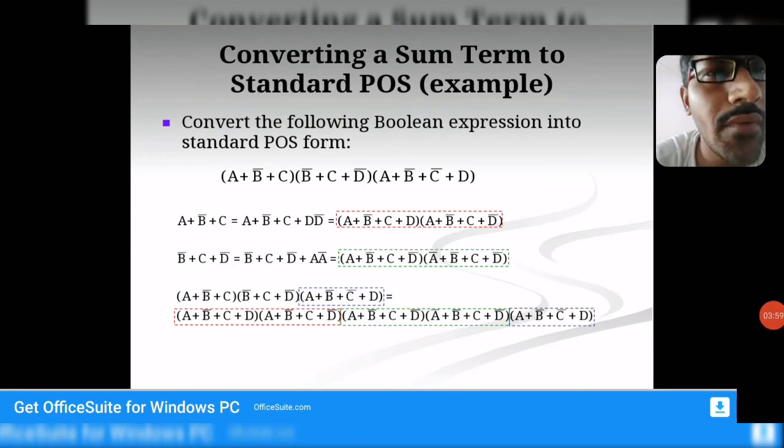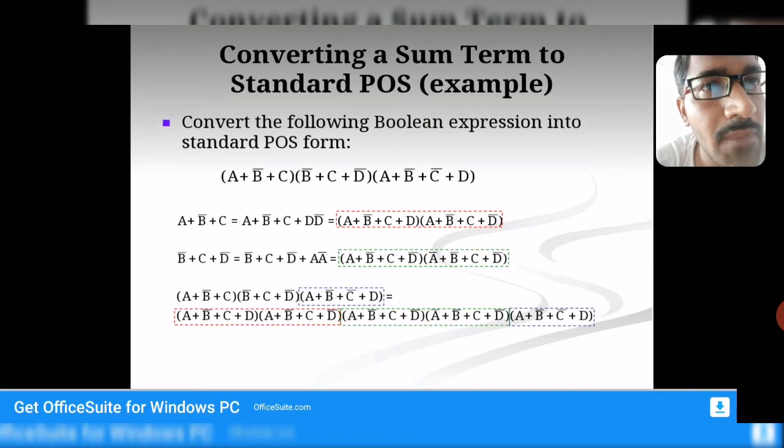See, in the first example, the term a + b' + c is missing the variable d. So, we have added d·d' according to step 1. Now, we will consider a + b' + c as x, and d·d' as yz.